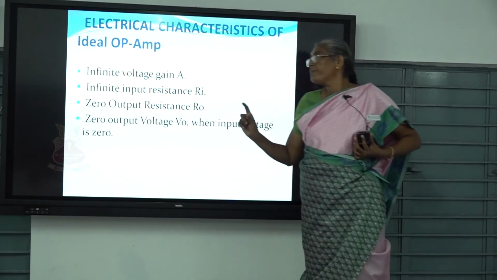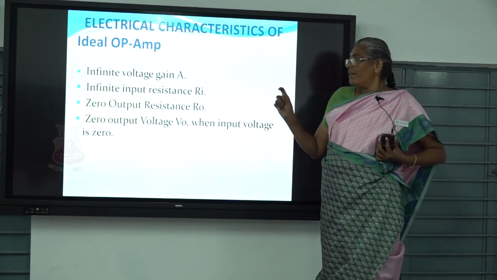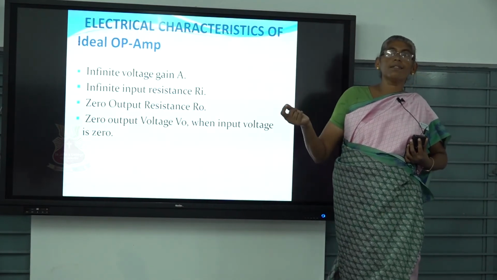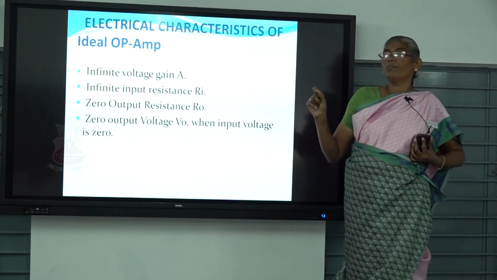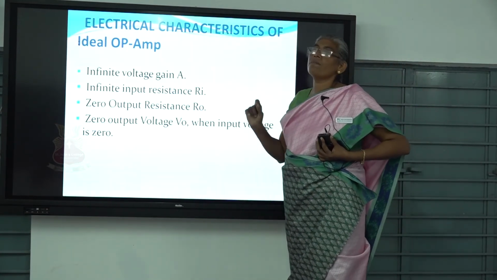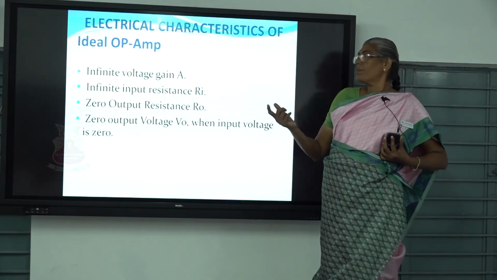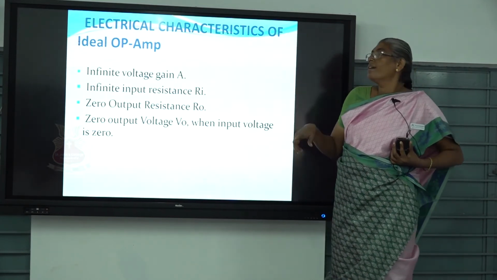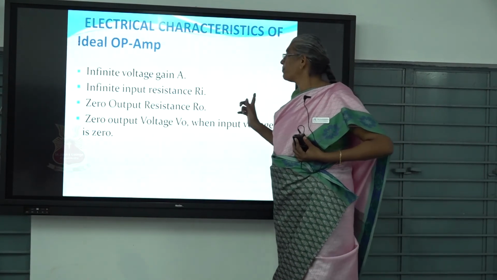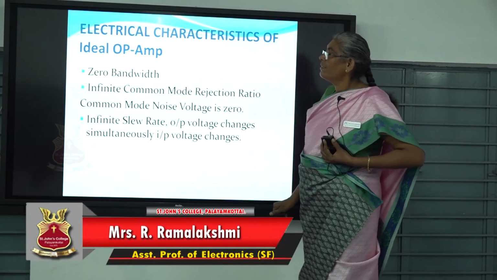But in a typical op amp, when we give 0 input voltage, we get some small amount of output, that is the offset voltage. In the second chapter we also study the offset voltages of the op amp. Then next, infinite bandwidth.